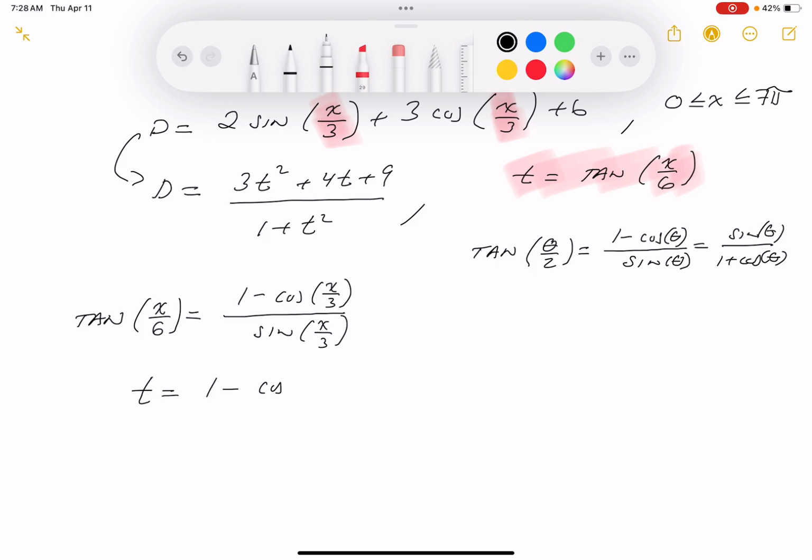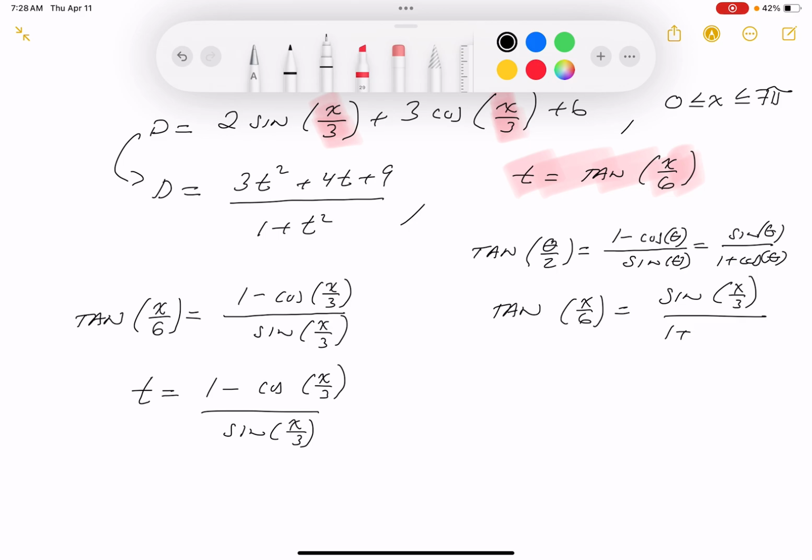I could also write this one down: tangent of x over 6 equals the sine of x over 3 over 1 plus the cosine of x over 3.